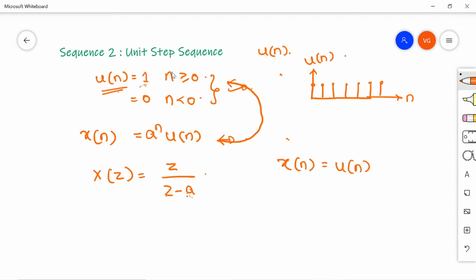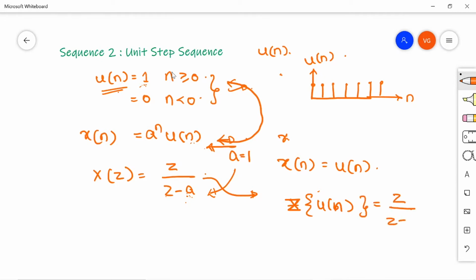That is the required signal for which we are trying to find the Z transform. If you put a equal to 1 in this sequence, x(n) becomes u(n), and the Z transform also with a equal to 1 gives the Z transform of u(n) as z by z minus 1.